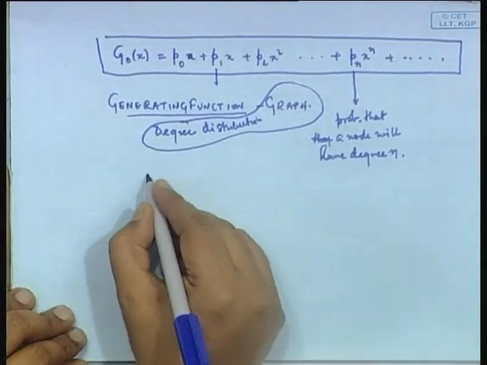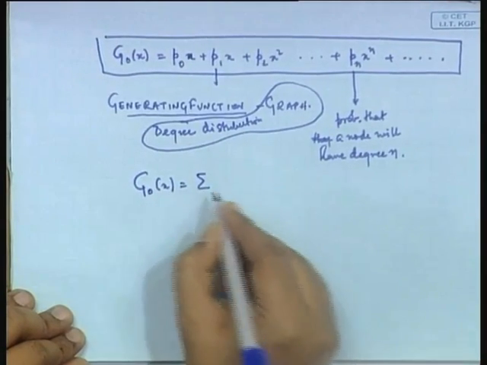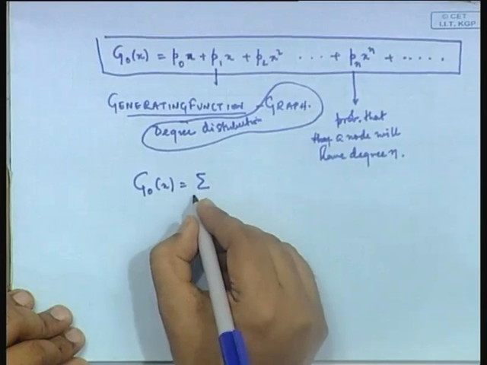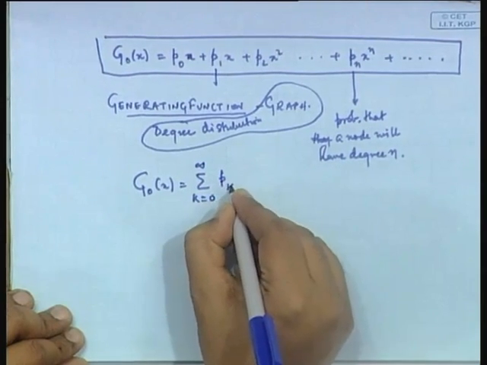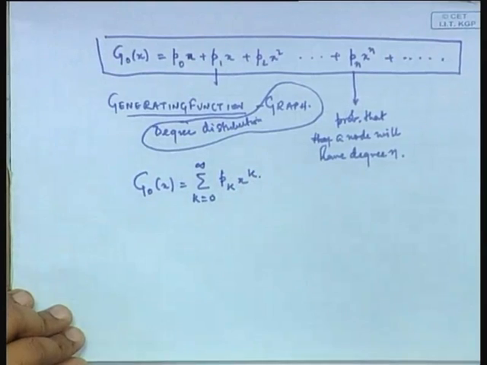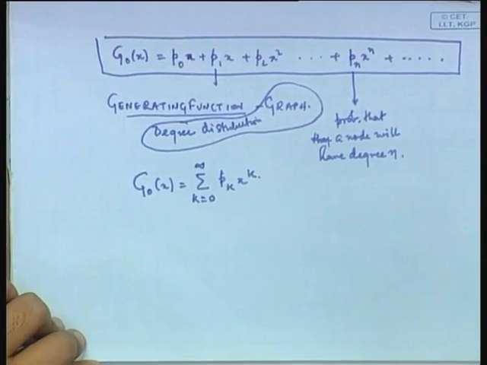So, basically you can write it in a more compressed form: G 0 x is equal to the sum of p k x to the power k.